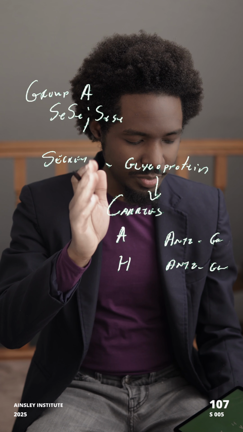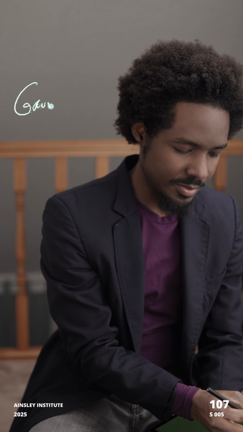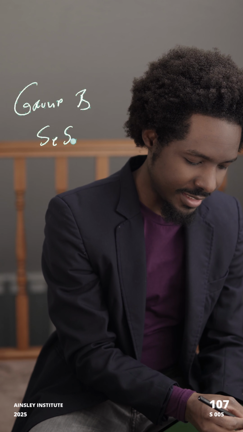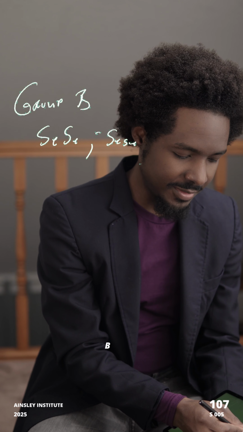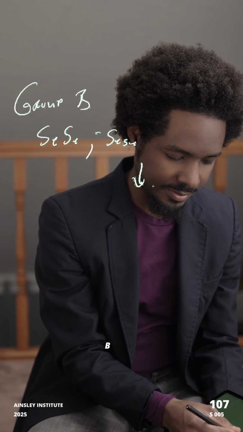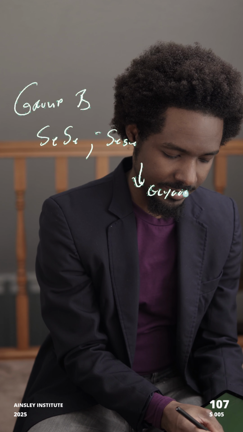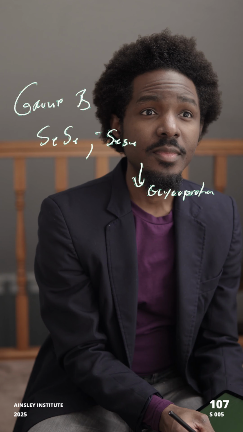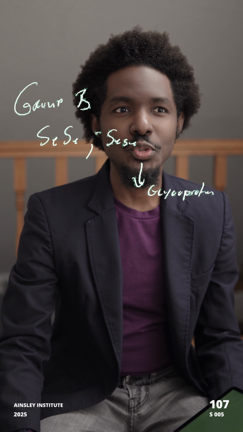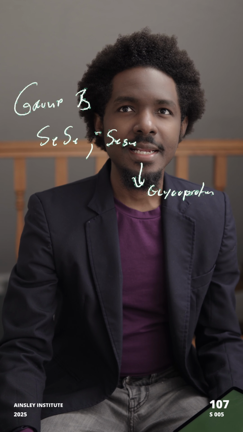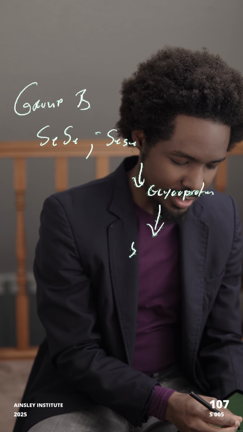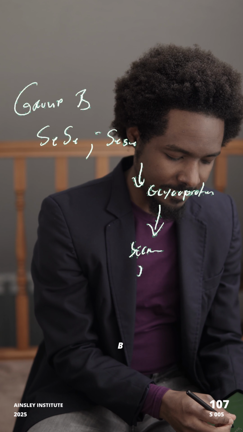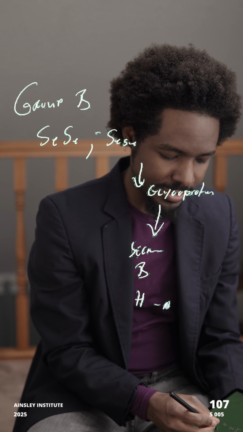But what if the person is B? Let's go to that. The person is group B. We expect them to have the secretor genes as well, Se/Se or Se/se, and they are still going to have their glycoprotein, giving us a direction towards the secretion of the B and the H antigen.